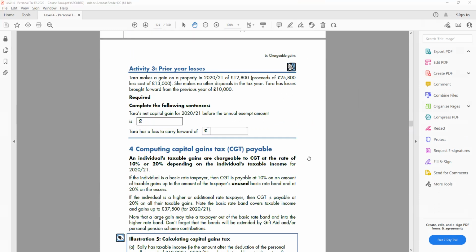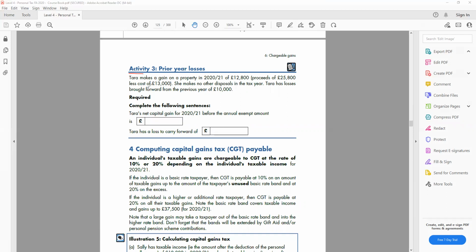The next one we have here is prior year losses, so losses from the previous year. Let's have a look at that. Tara makes a gain on a property in 2021 of 12,800. Proceeds of 25,800 less cost of 13,000.